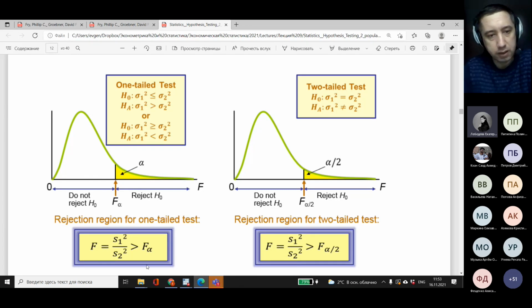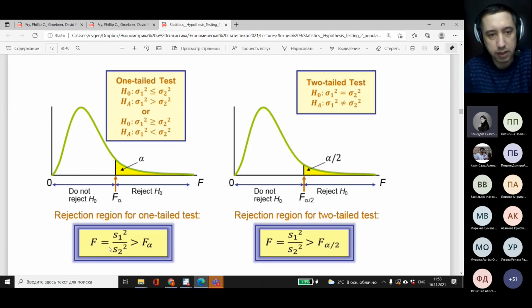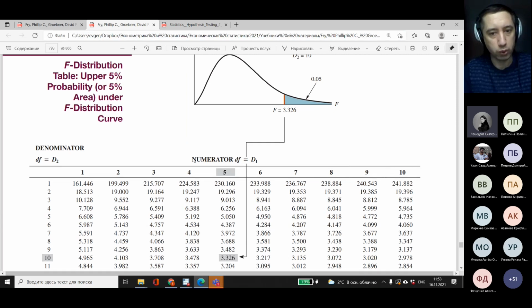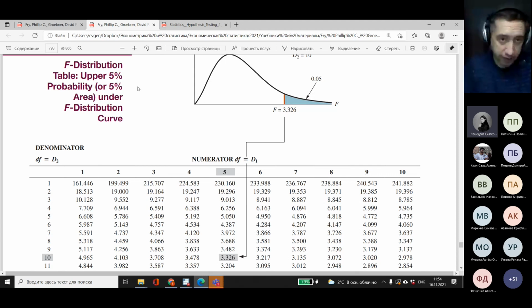The decision rule is the same: if the F statistic is greater than the critical value, reject the null hypothesis. What is the difference between these two cases? The difference is whether you have to divide alpha by 2. This is pretty important because, for instance, this table works if you work with a one-tailed test, because you don't need to divide alpha by 2, for instance when your alpha is 5%.